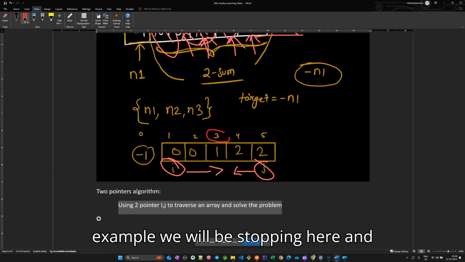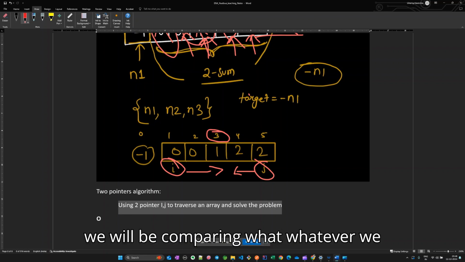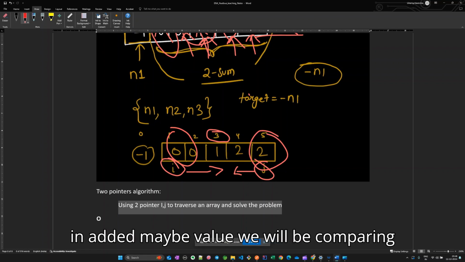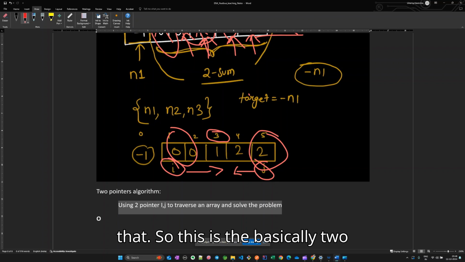For example, we will stop here, and we compare whatever we need, maybe values greater than or equal to. So this is, in a nutshell, the two pointer algorithm.